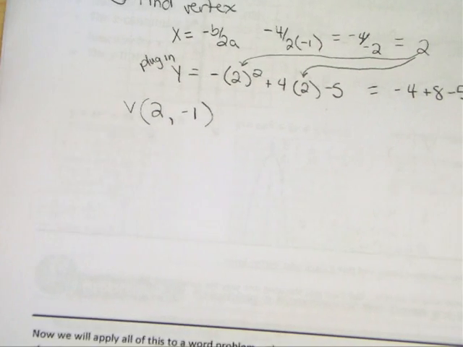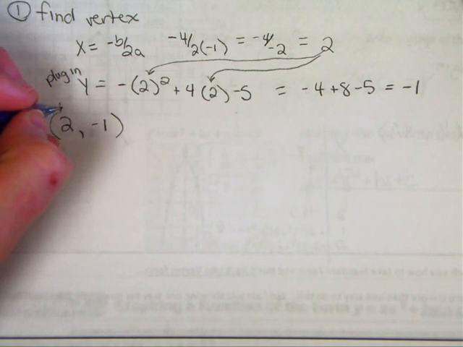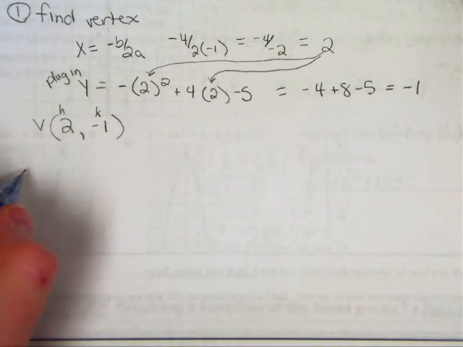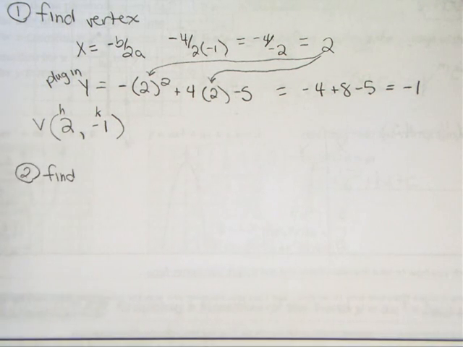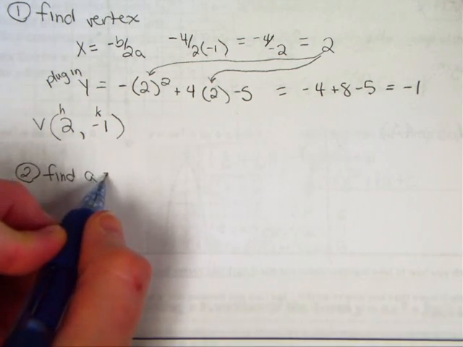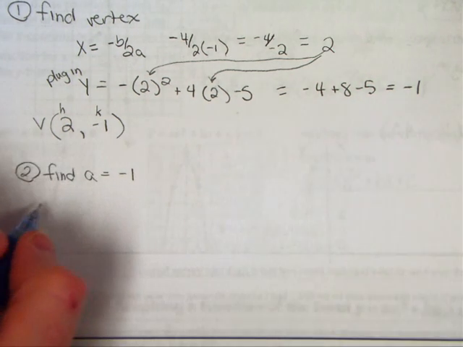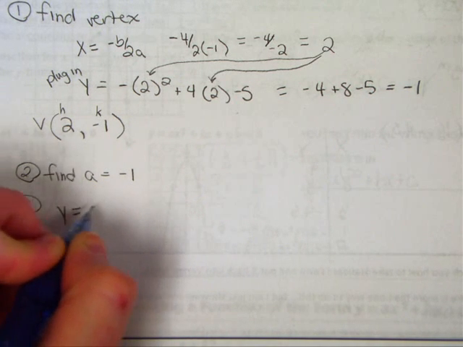Remember from the last problem, this is h, this is k. Step 2, we like, it's really easy. Find a. A in this case is negative 1. So I'm going to write step 3, my general form in vertex.